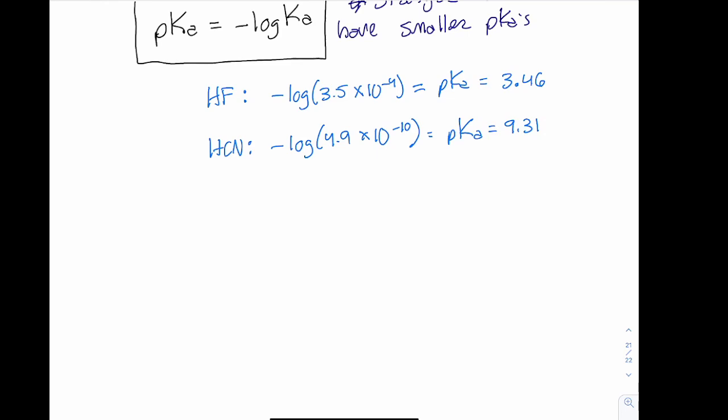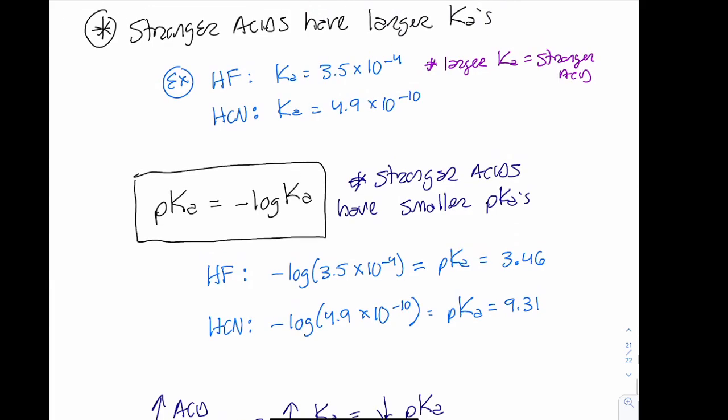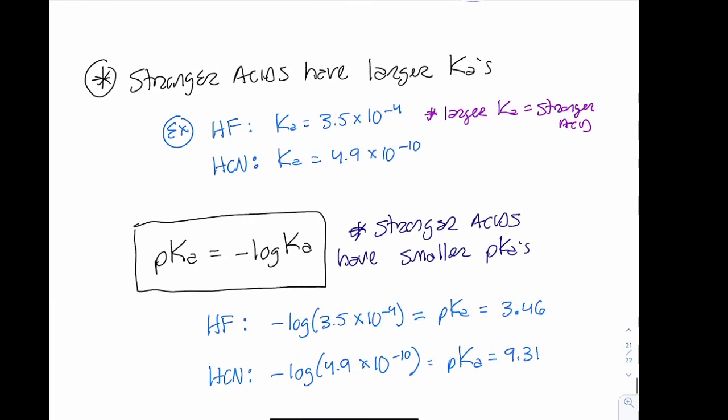So as acid strength increases, our equilibrium constant is going to increase, but our pKa, because it's the negative log, is going to decrease. So if you were given 2 pKa's and you were asked to pick which is the stronger acid, you would pick the smaller pKa. If you were given 2 Ka's and asked to pick the stronger acid, you're going to pick the larger. Larger, smaller.